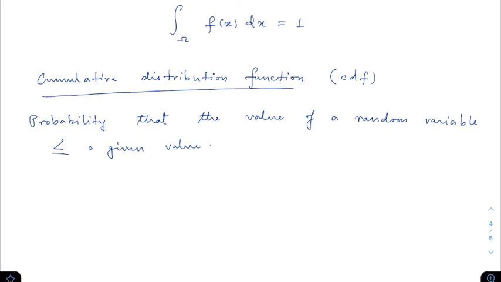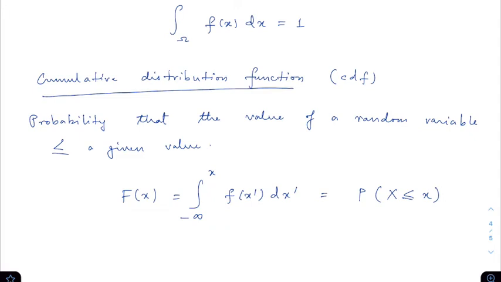So, instead of the integration over the entire sample space, let's say from minus infinity to infinity, the integration is from minus infinity up to some x over this probability density function, and this will describe my cumulative distribution function. It's the probability that my random variable has a value less than or equal to a given x.